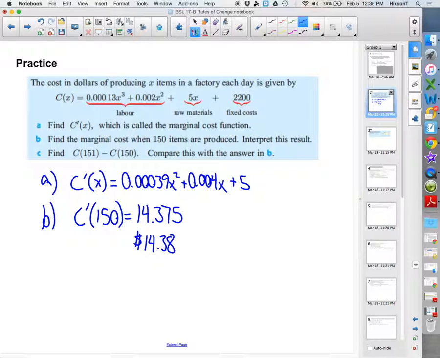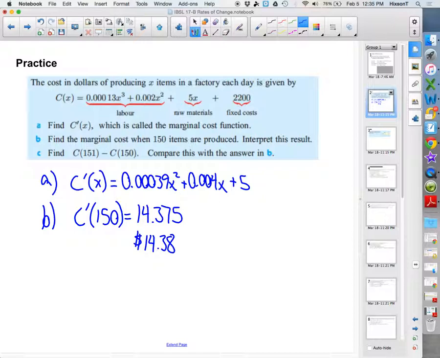Oh, it's a rate of change. No, it's not a rate of change. It is a rate of change. Cost is increasing by $14.38 an hour. Well, no, per item. So if we're producing 150 items, then our cost per item will be $14.38.